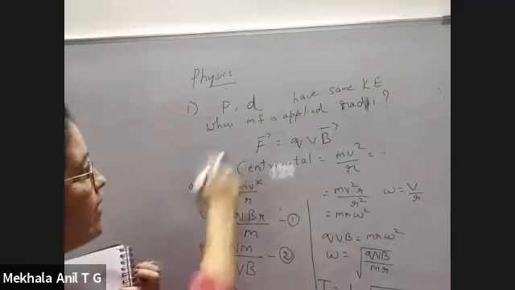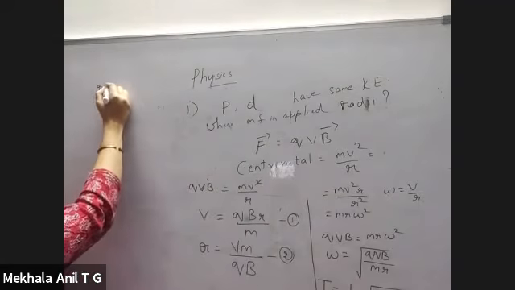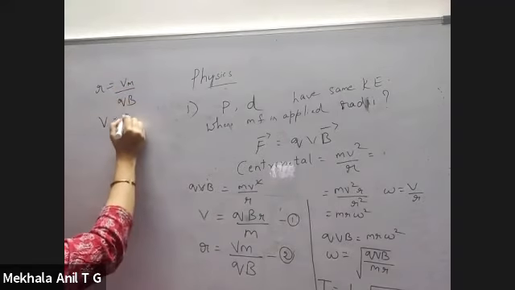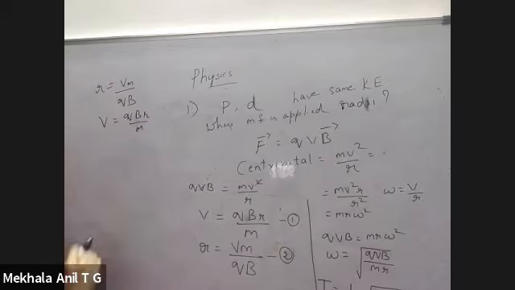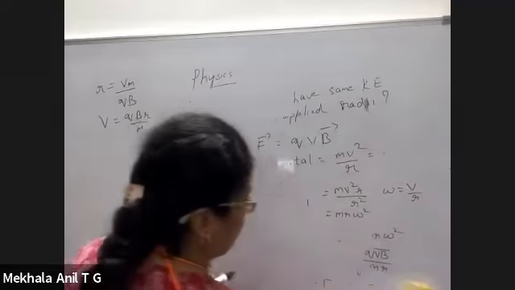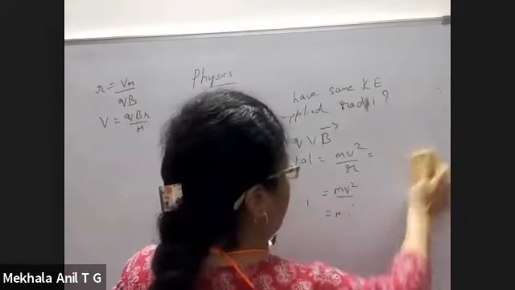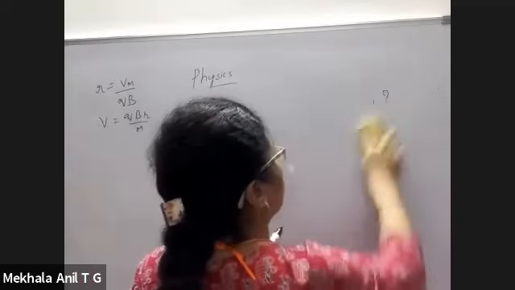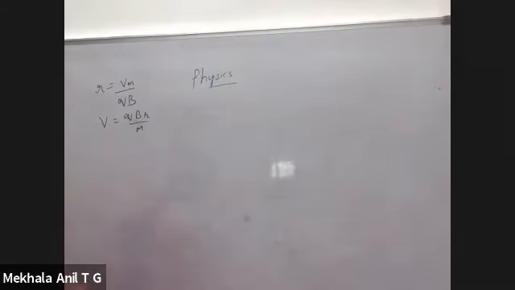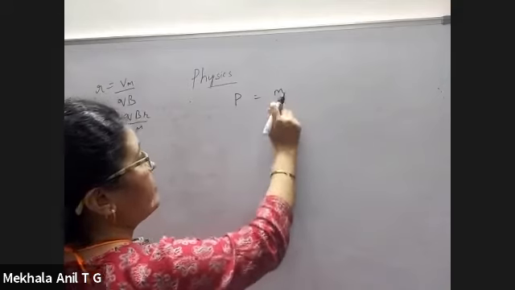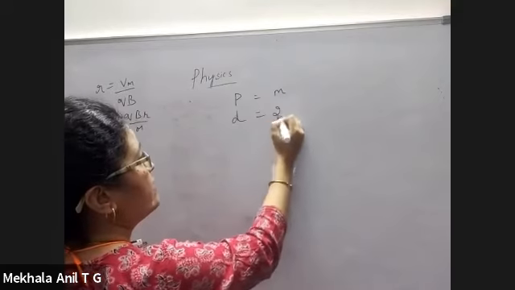Now for the current problem, the relation is R is equal to mv by QB, and v is equal to QBR by m. So for the problem, for the proton, the mass, if I say m, for the deuteron it is 2m.